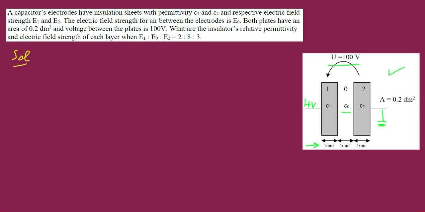So in the given condition, we have E1 ratio E naught ratio E2 equal to 2 ratio 8 ratio 3.